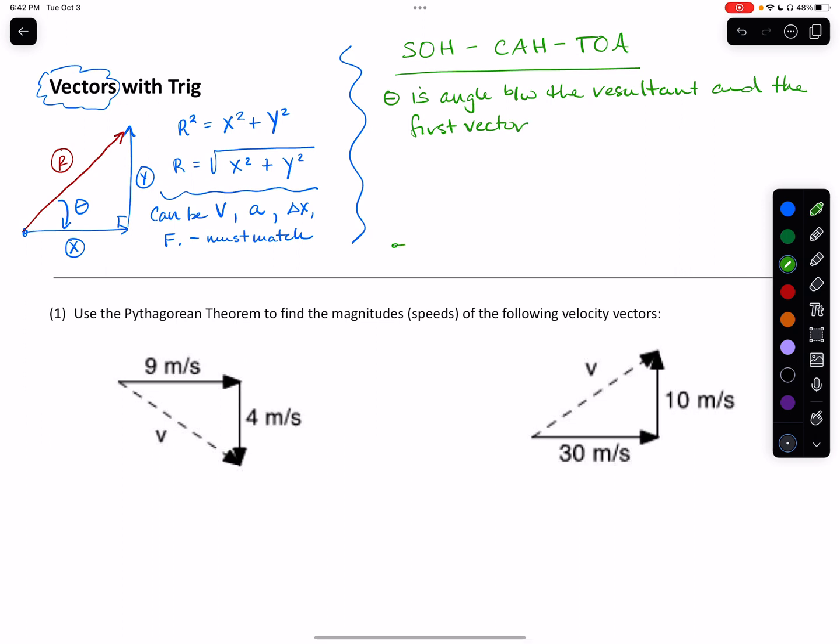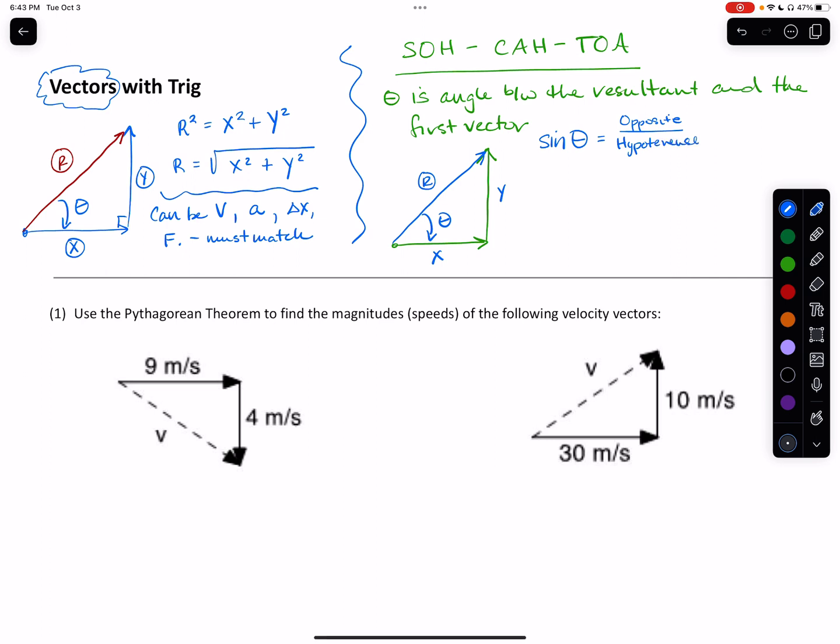So let's draw a right triangle again. Horizontal and vertical, we'll connect it. So again, we've got our resultant, and then we've got our y component and our x component. So let's start with SOH. We know that the sine of our angle, which is here, is going to be equal to the opposite leg divided by our hypotenuse.